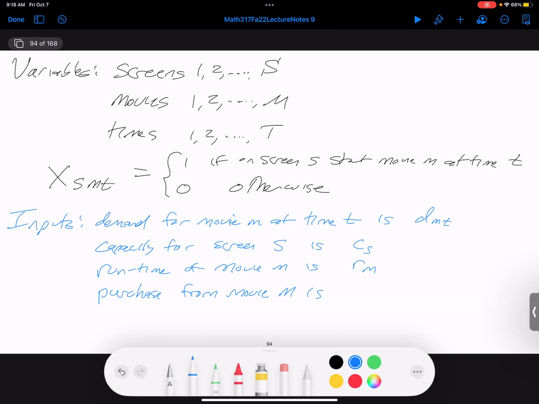And so we can do the purchase for movie M as P_M, and maybe this is per person. And then we need the ticket price per movie. So what letters should we use for ticket price? Ticket, stub, nope, that doesn't work.